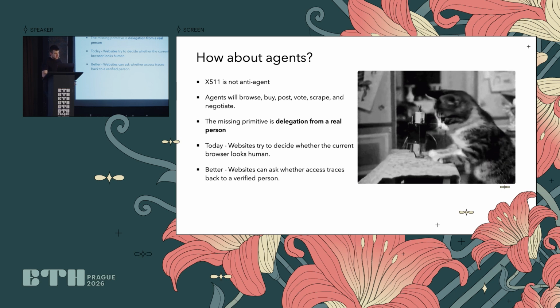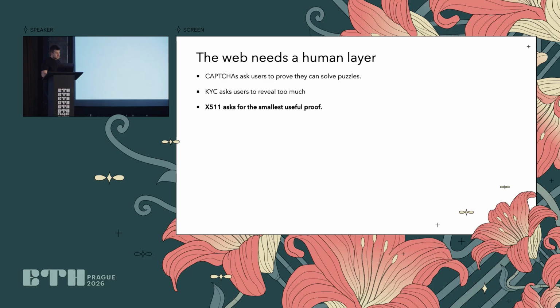So websites today try to decide whether the current person looks human or not. The better way would be for websites to prove that you are backed by a real human. So in the end, the web needs a human layer, and CAPTCHAs are here to prove something, which doesn't work in the end.